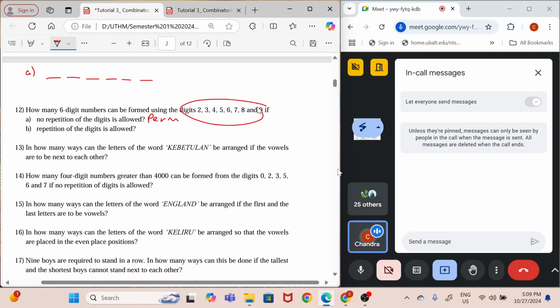How many numbers are there? 8. So 8, 7, 6, 5, 4, 3. You multiply this, you should get 20160.